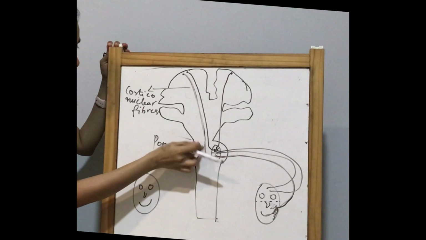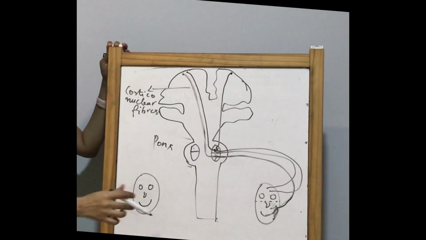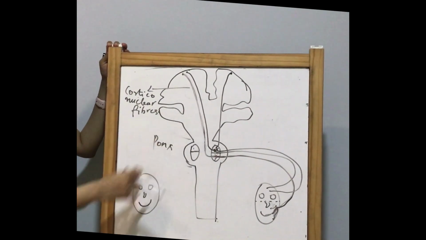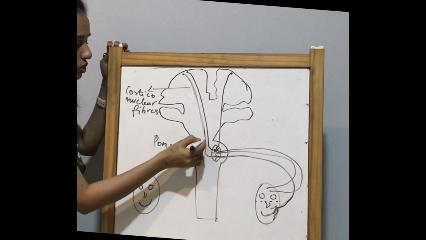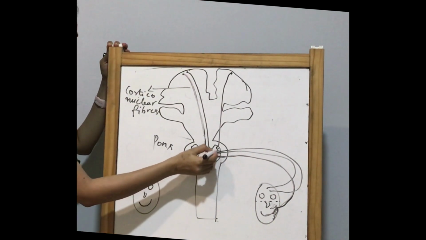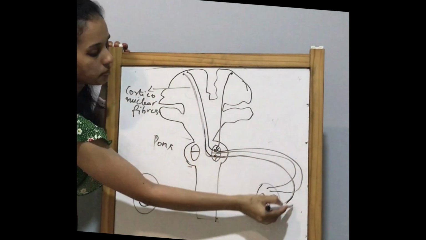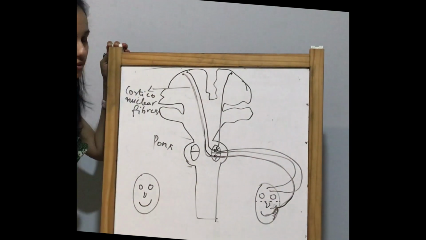As I mentioned, they cross over just above the corresponding cranial nerve nuclei, and they relay in the facial nerve nuclei. This is for the lower part, and from there it supplies the muscles of the lower part of the face.